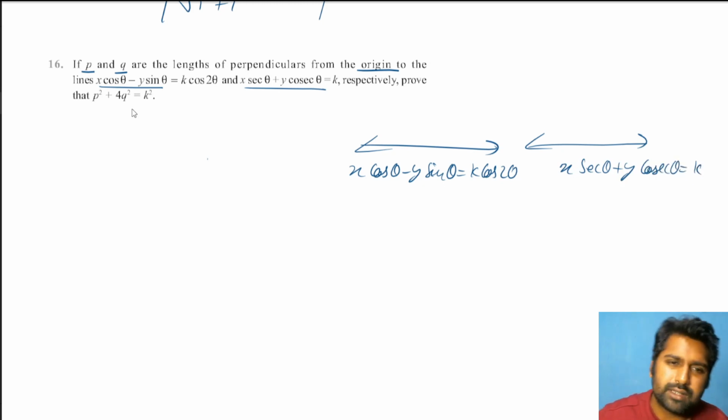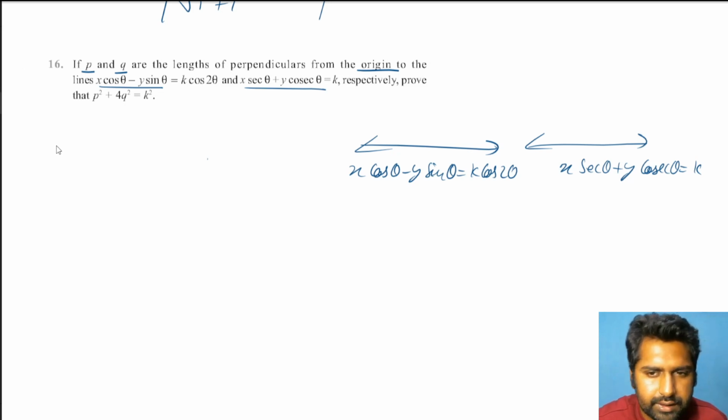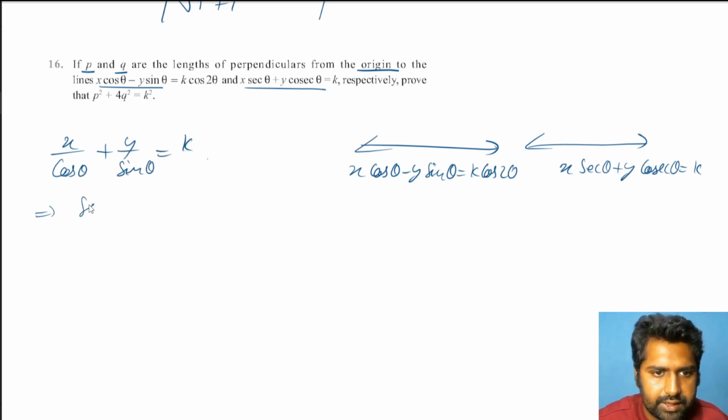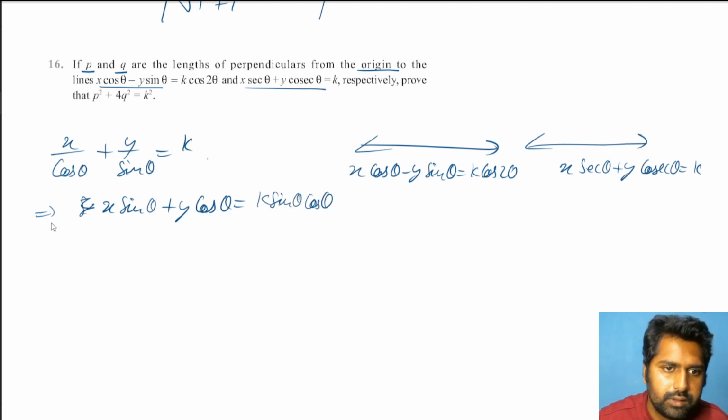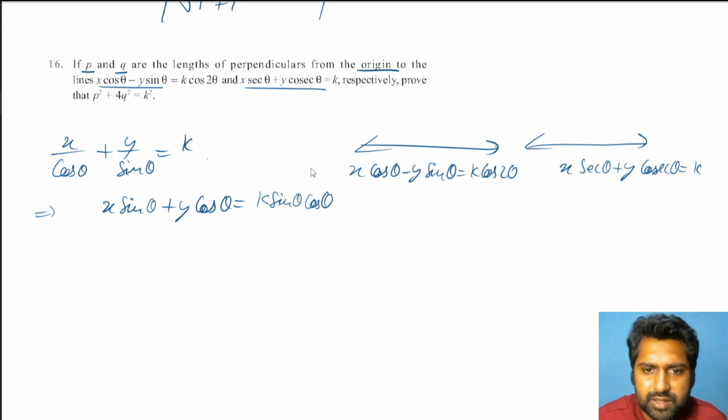I don't like sec cosec, so let's rearrange it. So x by cos theta plus y by sin theta is equal to k. If we rearrange it, you'll get x sin theta plus y cos theta is equal to k sin theta cos theta. Okay, so that's the new equation. Okay, let's label them.